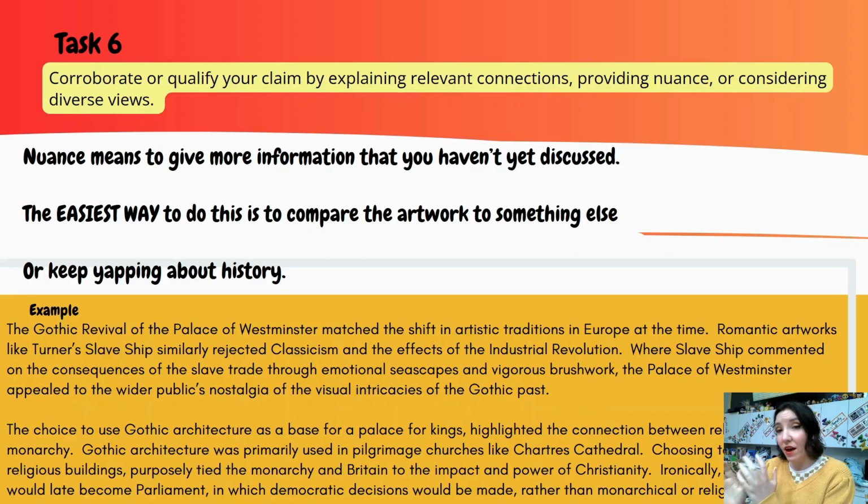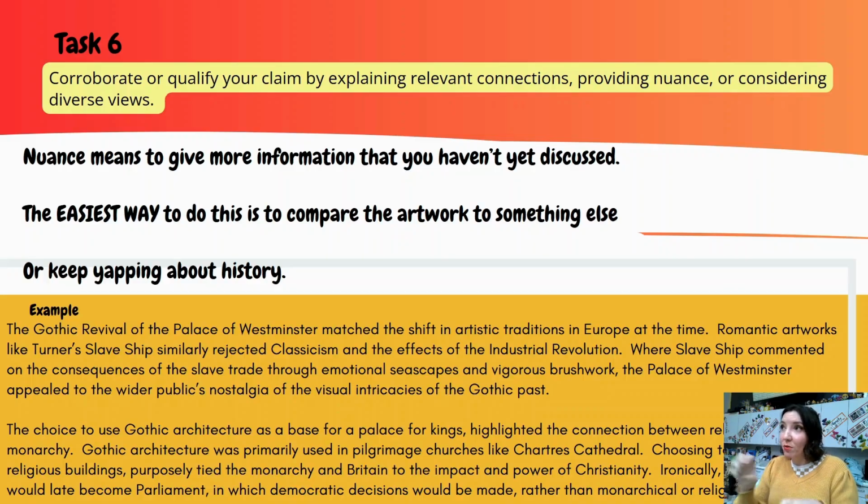So I'm showing that I understand that this is based on Gothic works like Chartres, and that I understand on a wider context what that means: religion, power, and then government. So both of those are options where I'm kind of bringing other pieces in to back up my points, whether it's about being against industry or about the Gothic, since those were the two main ideas from my thesis.